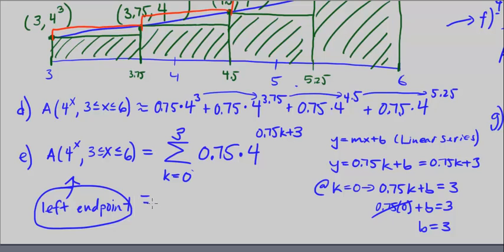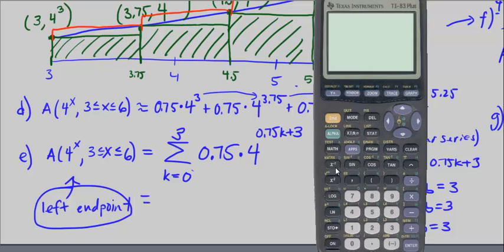Here in part E, we can calculate it using our calculator because we have the program, sum plus. Let's run it. Starting is k is 0, so x is 0, stopping at 3, and our expression is 0.75 times 4 to the power of, and make sure to put this all in parentheses, because if you don't, it's only going to make 0.75k the exponent.